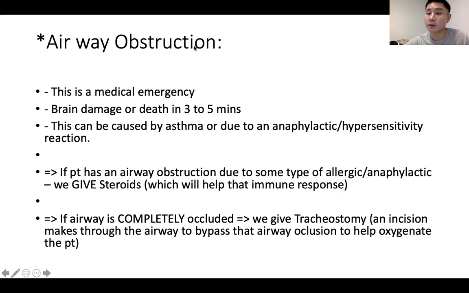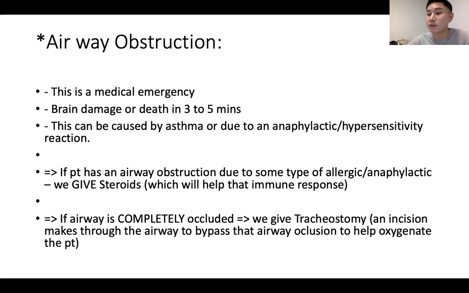Next, we have airway obstruction. Airway obstruction is a medical emergency. The brain can be damaged, or death can occur, within 3 to 5 minutes without oxygen. This can be caused by asthma or by anaphylactic hypersensitivity reactions.